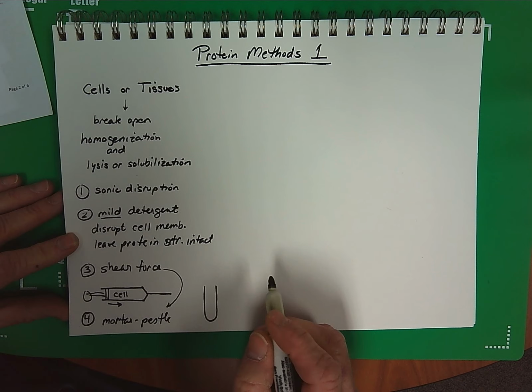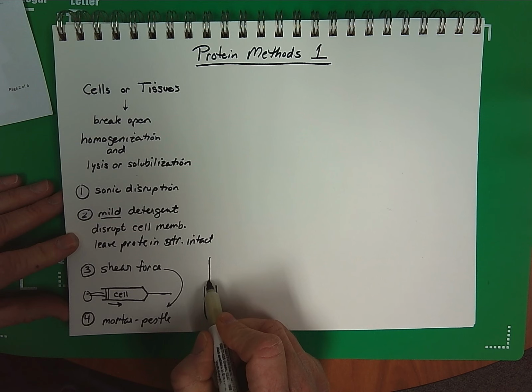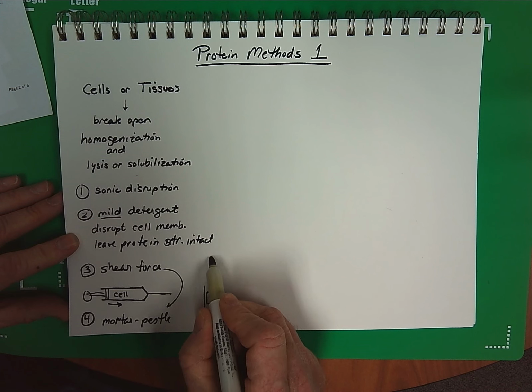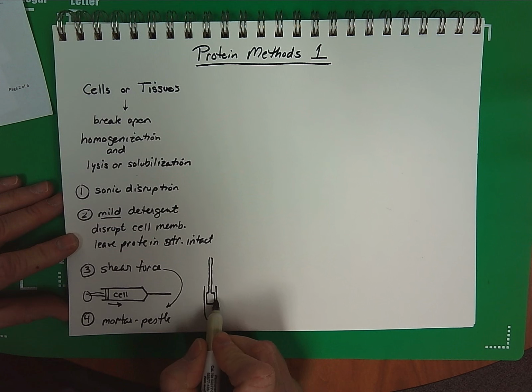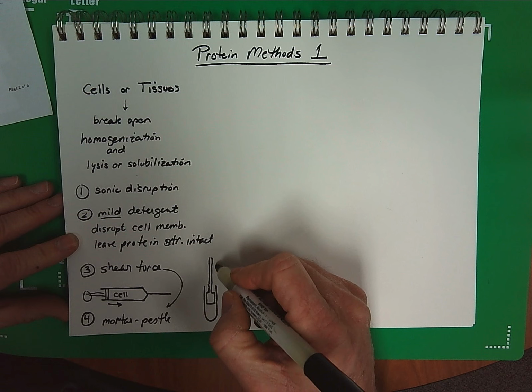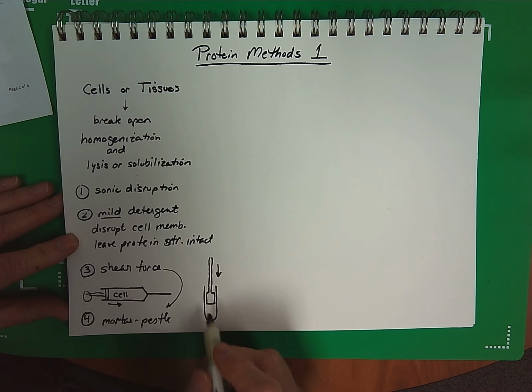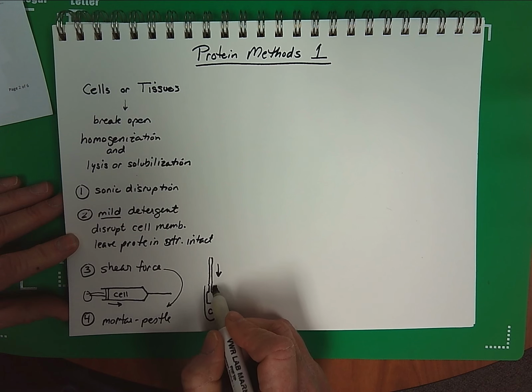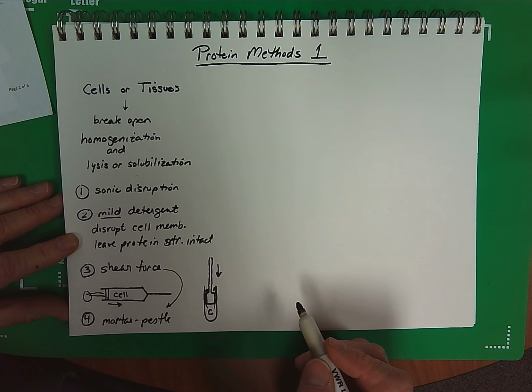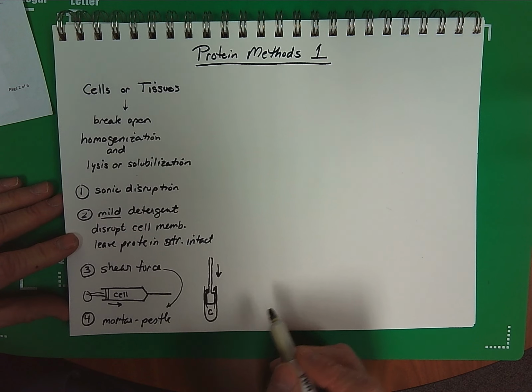If we have a test tube, this becomes our mortar, and then we have a pestle that fits into the test tube with very high precision on either side of the pestle. As the pestle is plunged into the test tube with our cell material, this material will force itself up through the sides of the pestle, creating a very high shear force. And this will also disrupt cells and tissues.